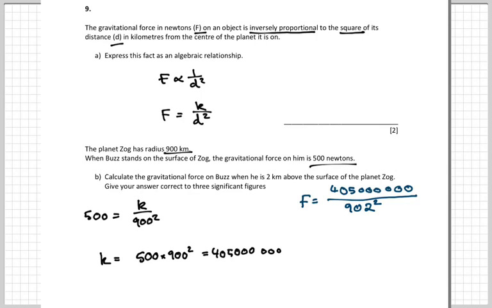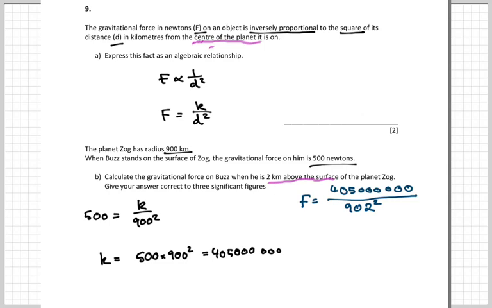In fact, what I'll do is write down the next step. We could have written d squared, but I'm thinking ahead and I'm going to put 902 squared into this formula. The reason is because if you read really carefully in this question, it says that d is from the center of the planet, and it says 2 kilometers above the surface. So the value for d is the whole radius, 900, plus the 2 kilometers away from the surface.